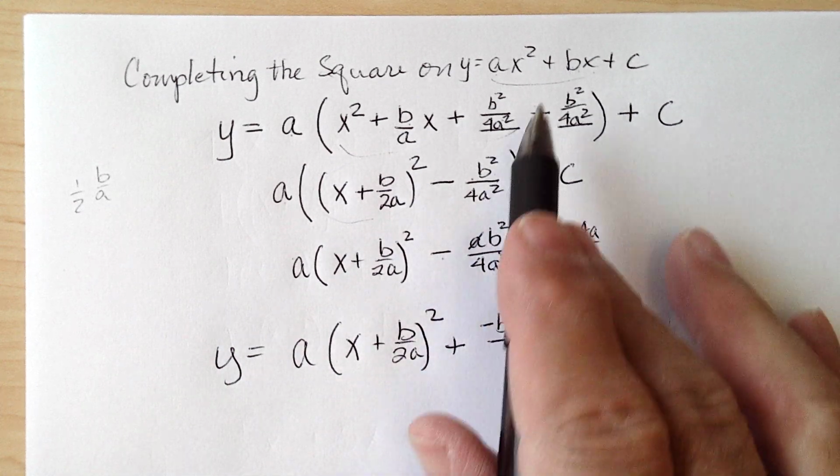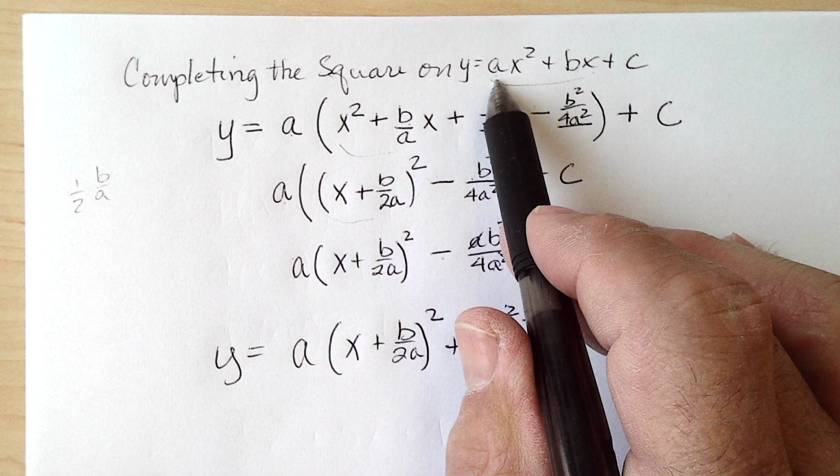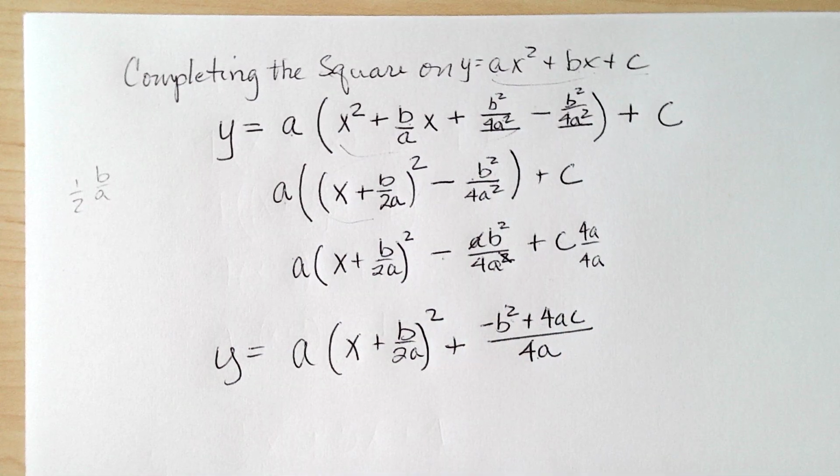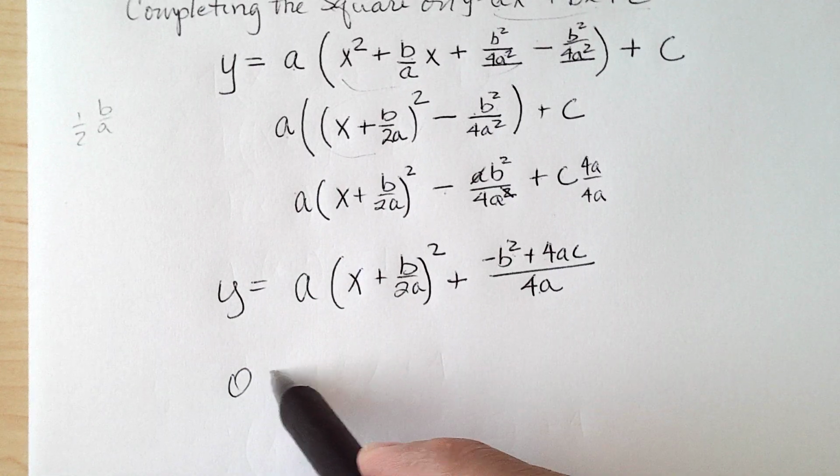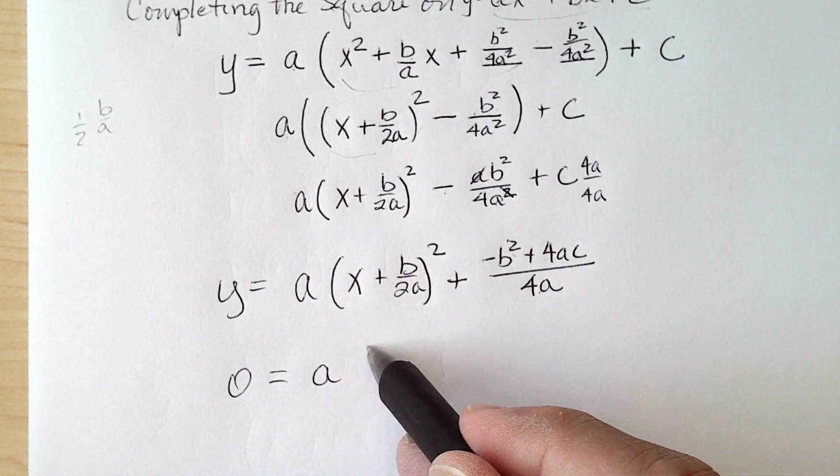Now, the reason I'm doing this is I want to find the x-intercepts for this. And so to find the x-intercepts, I let y be 0, and I solve for x.